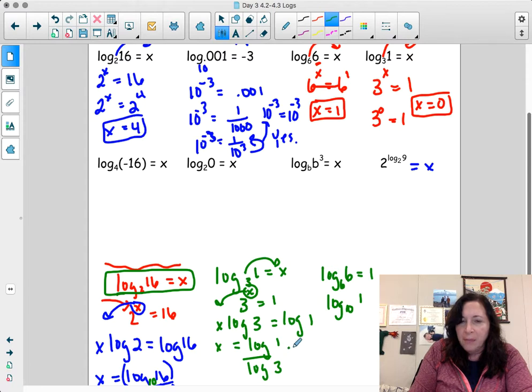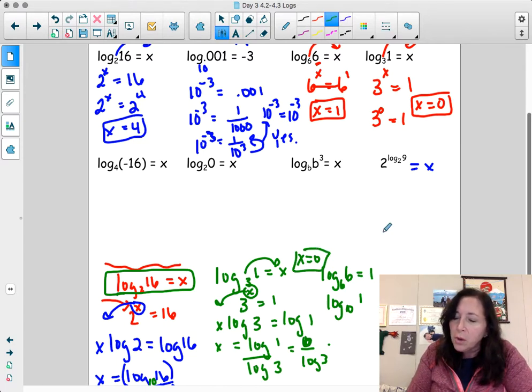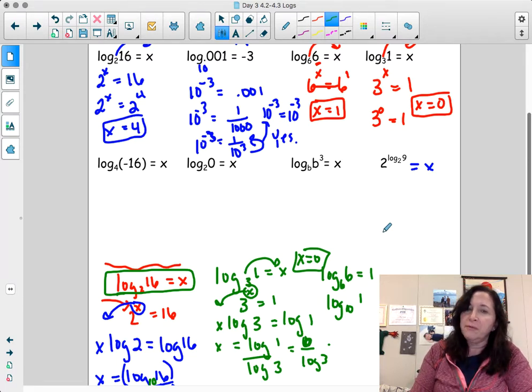And what ends up happening here is we have 0 divided by whatever log 3 is, and 0 divided by anything is 0. And so you would have x is equal to 0. And this is just done a different way. Your calculator will do that for you when you divide log base 10 of 1 divided by log base 10 of 3.